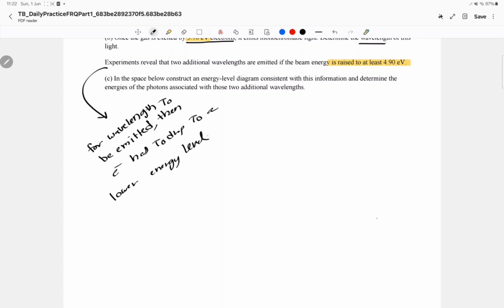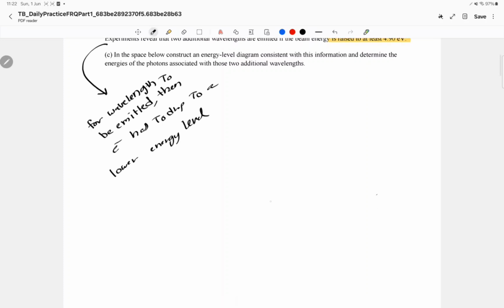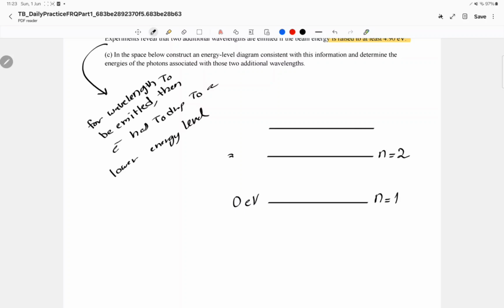energy level. So right now we have 3 energy levels, okay? They're as such. N is equal to 1, the ground state, which stands at 0 electron volts. N is equal to 2, the first excited state, which stands at 3.70 eV.